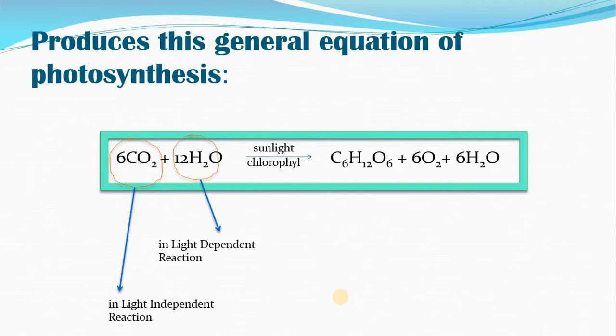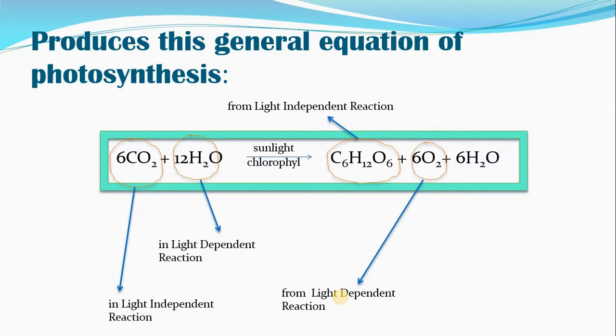With the presence of sunlight in the chlorophyll, it will produce glucose or carbohydrate from the light independent reaction, and also 6 molecules of oxygen from the light dependent reaction.